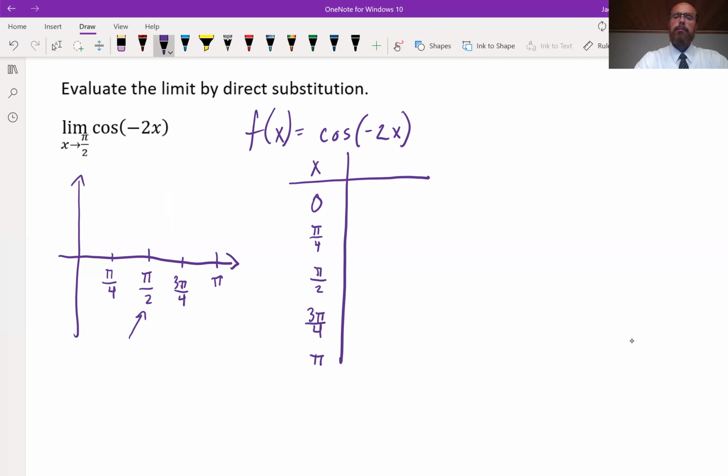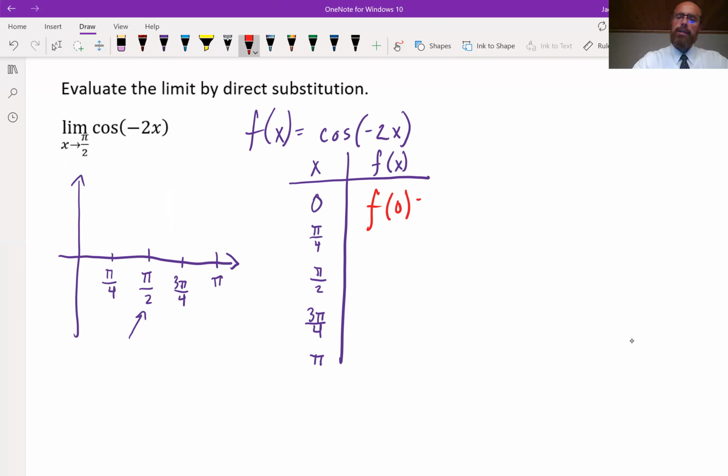And here's our function column. So for this first one, we want to evaluate f at 0.